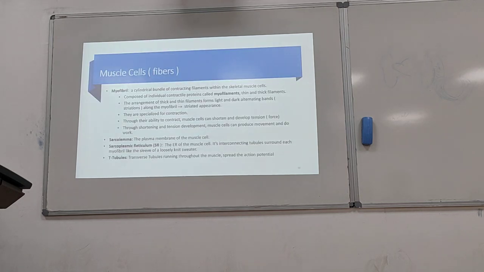What is the function of T-tubule? Transfers. Come on. T-tubule is a transverse tubule that runs throughout the muscle. They spread the action potential. MCQ. So this is detail of many slides. What is sarcomere?